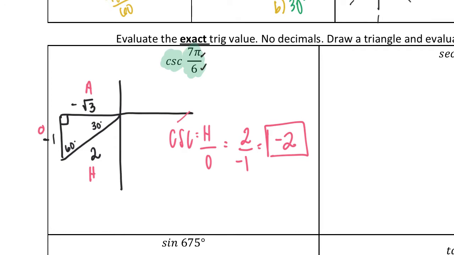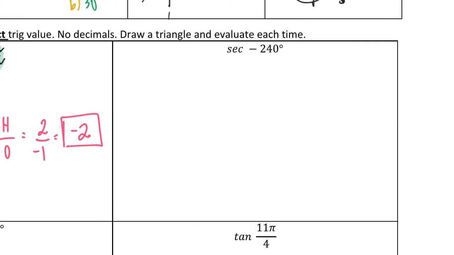Let's give it a shot with this problem to the right. Negative 240 degrees. Take a minute and figure out which quadrant that's going to land in. If we go backwards, since it's a negative angle, we get to negative 180. It's going to be farther than that, but it's not going to be as far as negative 270.